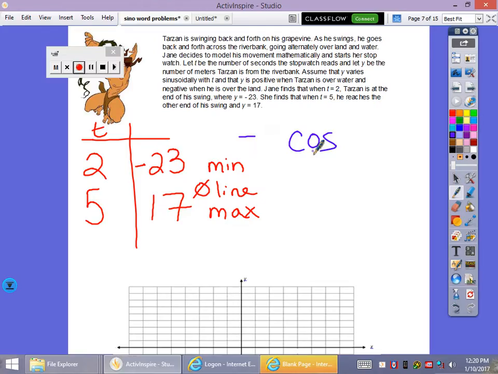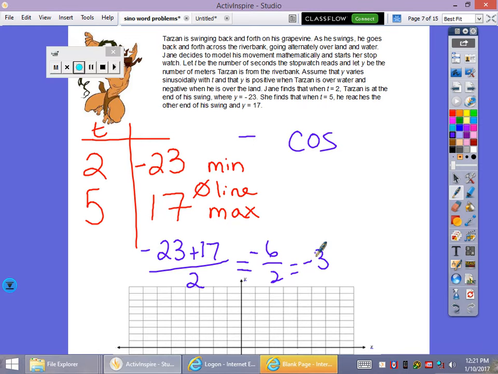All right, we'll find the 0 line first. So negative 23 plus 17 divided by 2 is? We're finding the 0 line. Did I write it wrong on the notes? Okay, I flipped them, sorry. So it'd be -6 divided by 2, which is -3.